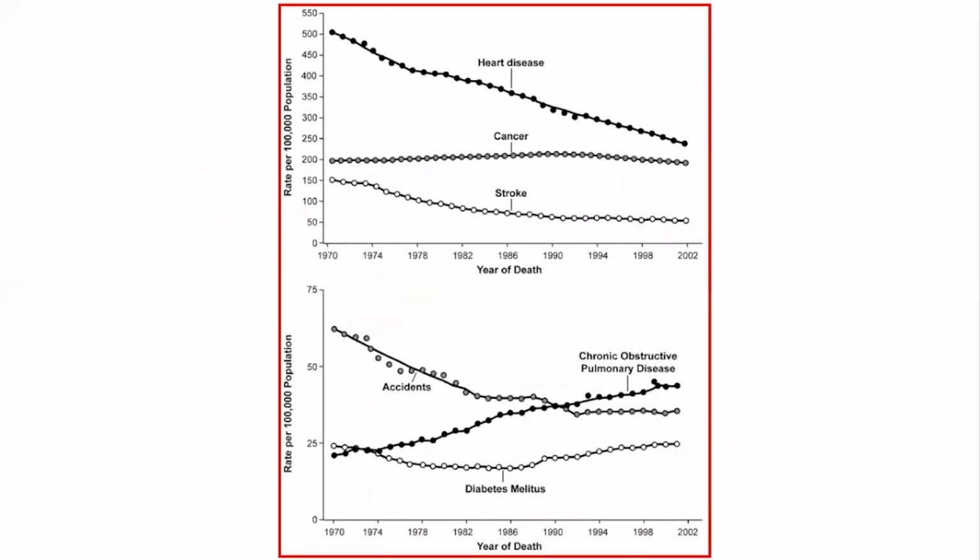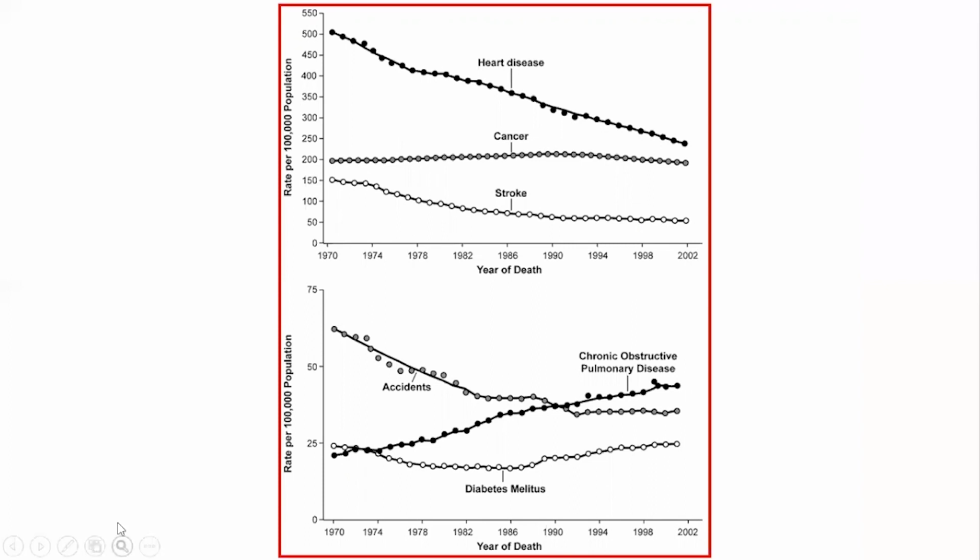Now let's go back to history. This is an old slide, but it tells you that diseases like cardiovascular from the 1970s to the early 2000s is seemingly going down. Cancer is more or less the same. Stroke is going down.